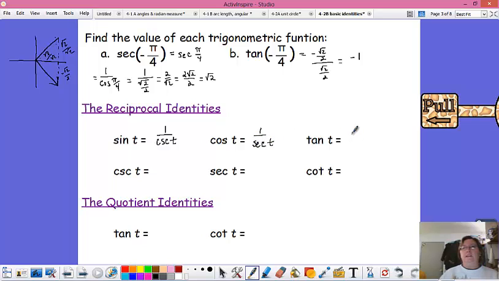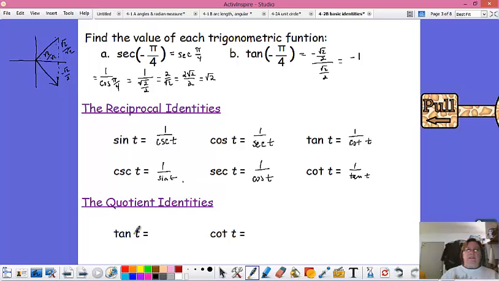The reciprocal of tangent is the cotangent. And vice versa. There we go. The reciprocal identities.